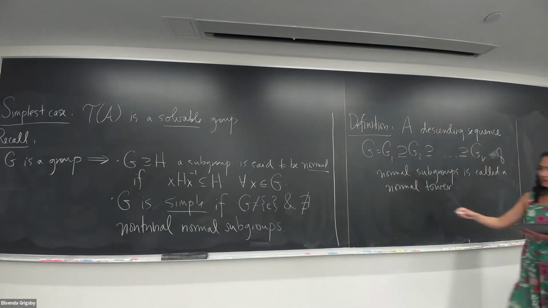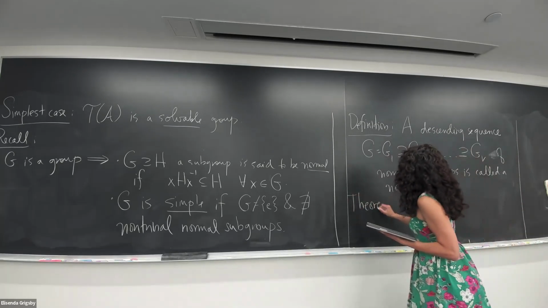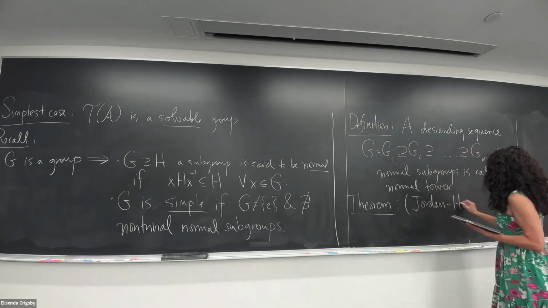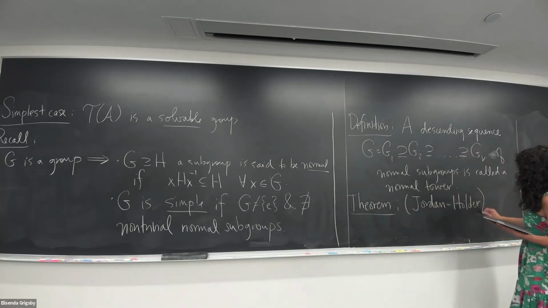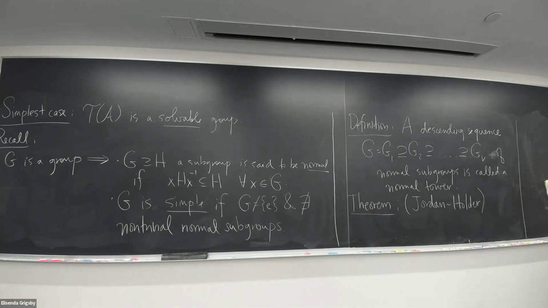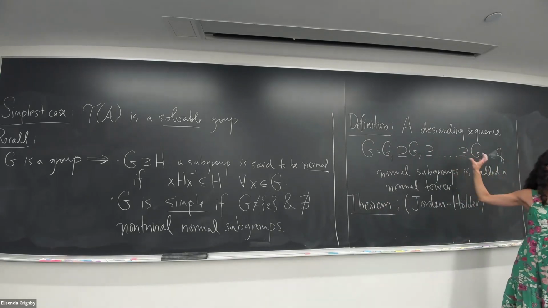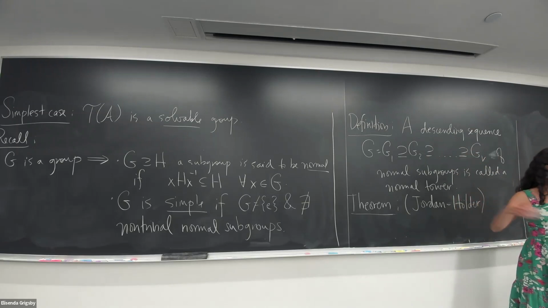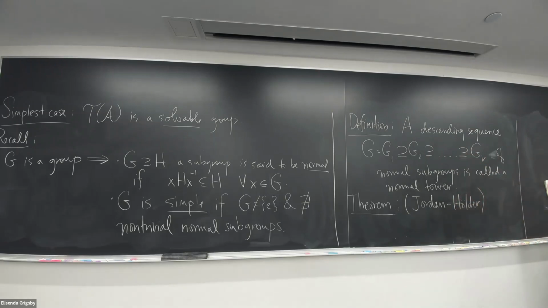And there's a theorem, one of the first theorems we learned in graduate algebra, the Jordan-Holder theorem, which essentially says that if you have a finite normal tower that terminates in the identity such that each of the quotients are simple, then that tower is essentially unique. So let me write down the actual statement.